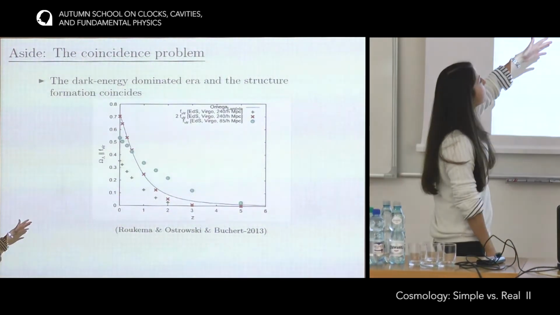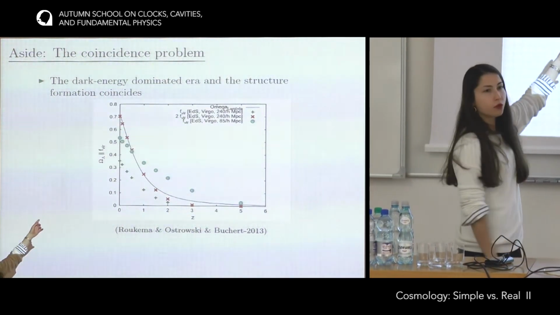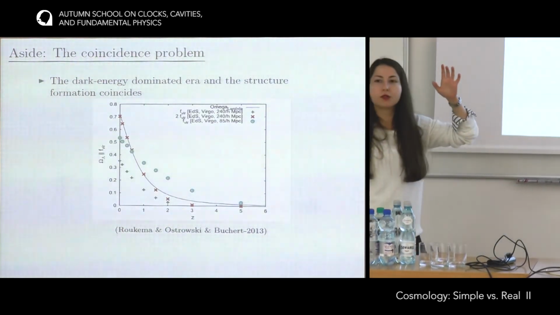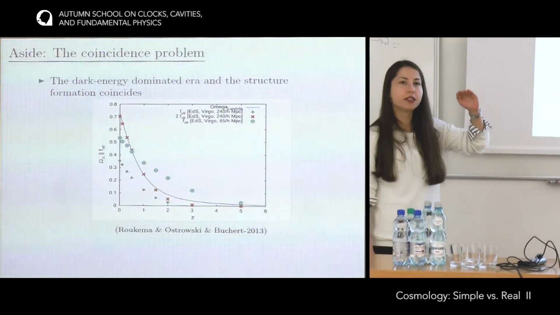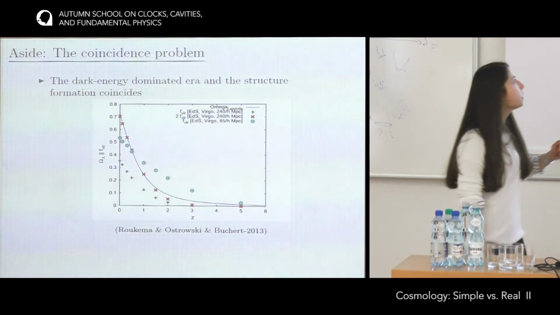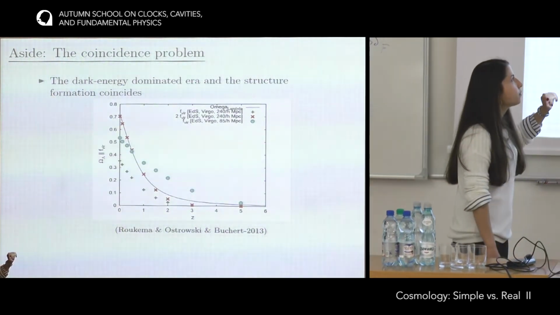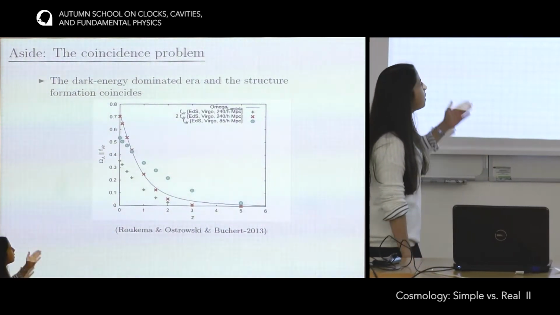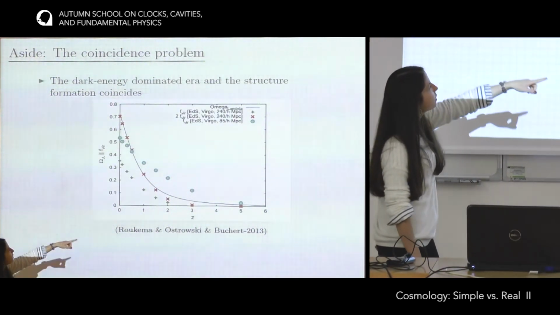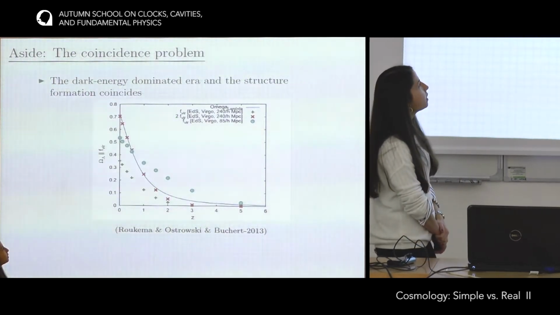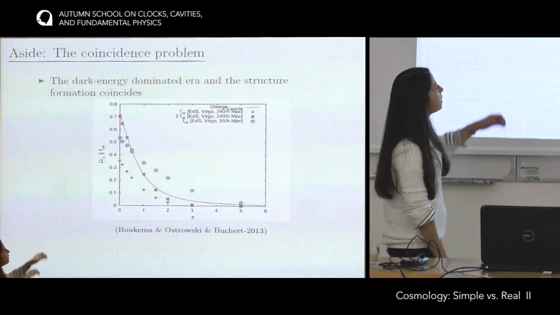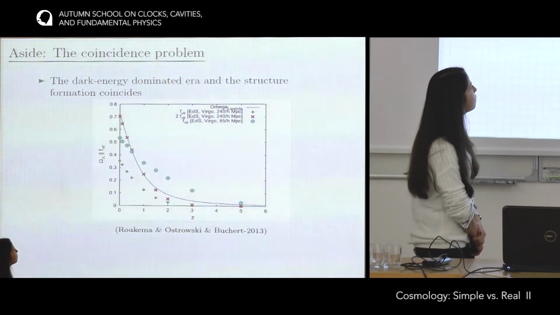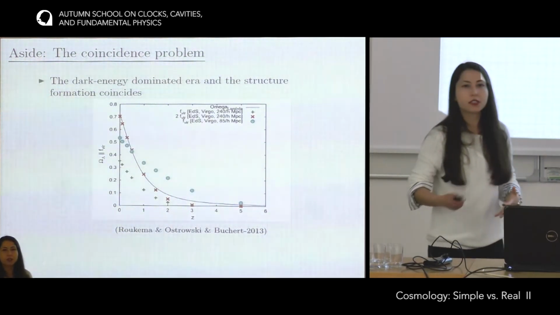So the vertical axis is the omega parameter for the cosmological constant. Remember, it's the dimensionless parameter that gives you the ratio of the energy density to the critical density, and the realization factor. The horizontal axis is the redshift. You see that the blue line is the omega of the cosmological constant, and the dots or the crosses give you the realization factor for different simulations.